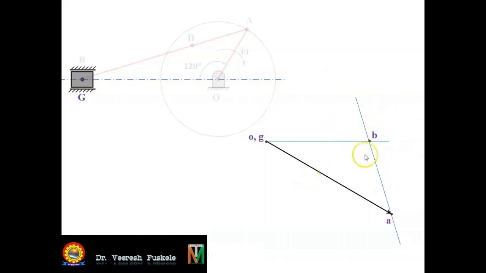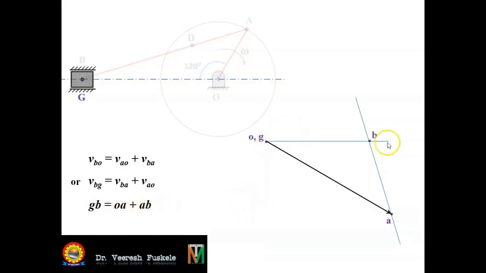To mark the sense of the vectors, we need to write the vector equation. So the vector equation will be as follows. Velocity of B relative to O will be equal to velocity of A relative to O plus B relative to A, or the velocity of B relative to G will be equal to velocity of B relative to A plus velocity of A relative to O. That means if we write in the vector form, then GB will be equal to OA plus AB.